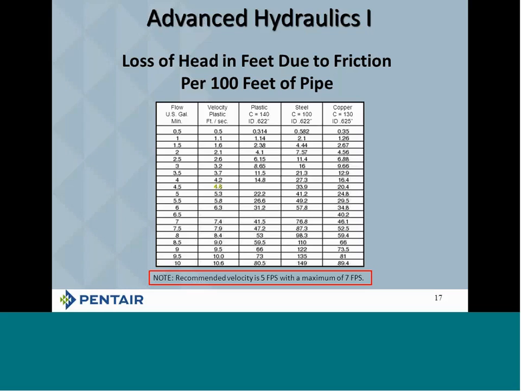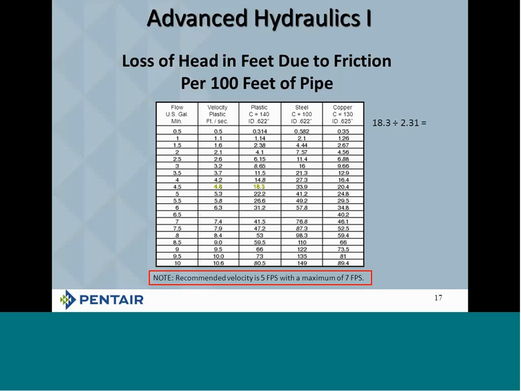So what we want you to do in the chart here is look, and you'll notice in the velocity column at 4.5 gallons a minute, my velocity comes up to be 4.8. My friction loss in plastic pipe, very important to understand, we're talking about plastic pipe here, is 18.3. Now let's do a little math, okay?